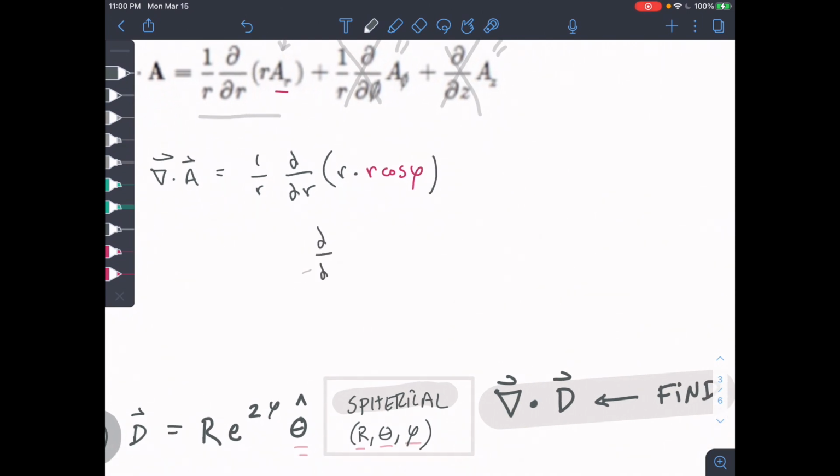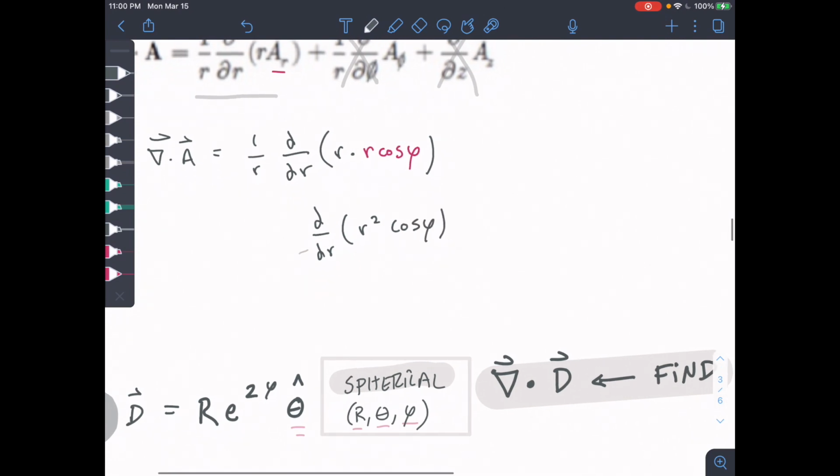So the partial derivative with respect to r of r squared cosine of phi. Okay, so we have the variable in the denominator, we do have it, so everything else we can treat like a constant and we can pull it to the outside. And we're not going to forget our 1 over r piece here, that's also very important. Okay, so let's pull out what we can treat as a constant.